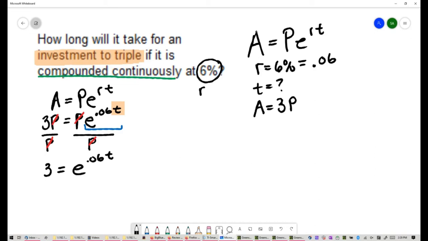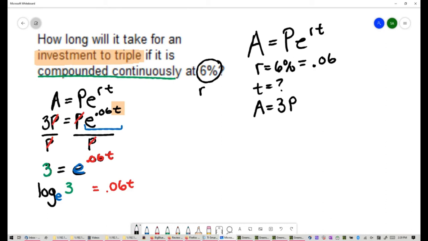So if I were to convert, I would write the word log, and the base is going to be the base of the exponential, so I have a base of e. The log always equals the exponent. My exponent is 0.06t, and then this 3 is what gets substituted inside the log.